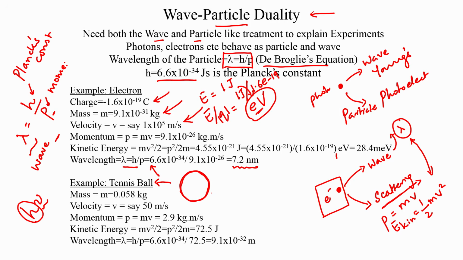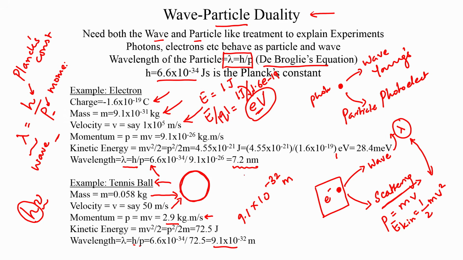This particle has a mass of about 58 grams and a velocity of about 50 meters per second. I have used values which are typically used for a tennis ball, and therefore it has a momentum of this much. And what is the wavelength? The wavelength is h by p, and since the momentum is very large, the wavelength is extremely small, it is 9.1 x 10^-32 meters.